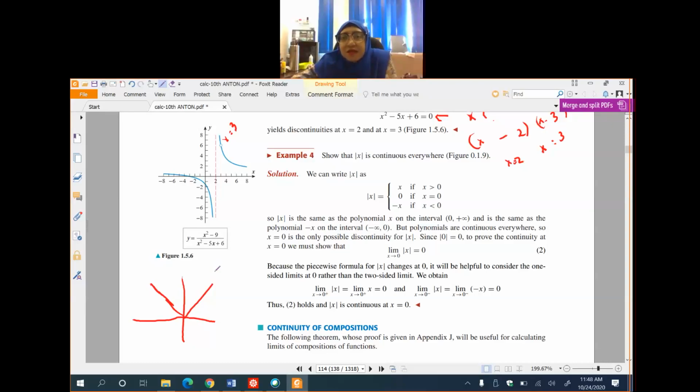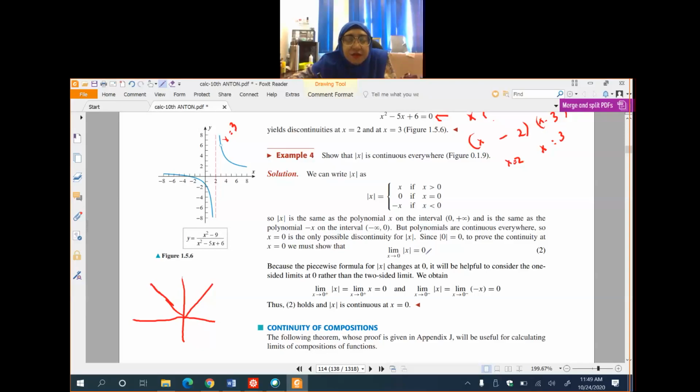You know that it is continuous, but how you explain it is that for this side here, the absolute value of x is just a polynomial. And for this one as well, negative x is just a polynomial. But something that we have to be careful about is when x is equal to 0. So that is somewhere that we have to prove the continuity. Okay.